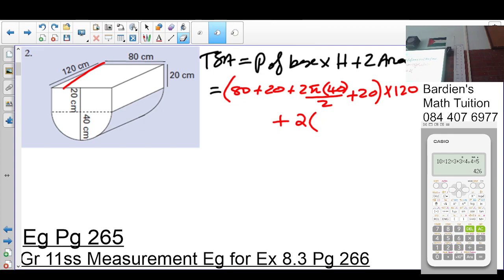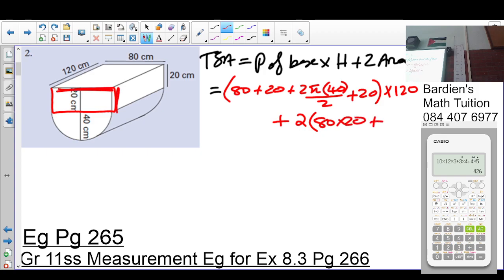So if you look at this base here, this area can be made up of 2 basic shapes. What are the shapes? A rectangle. How do you calculate the area of a rectangle? Length times breadth. So what will this be? A length of 80 and a breadth of 20. This is 80 by 20.